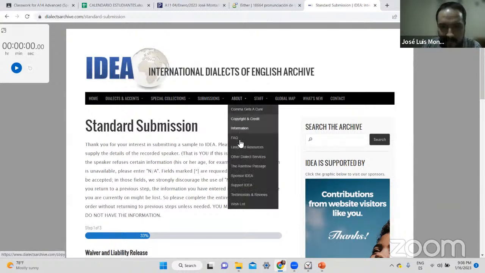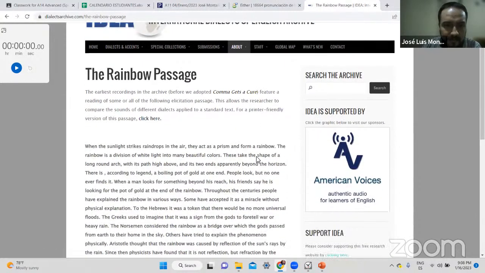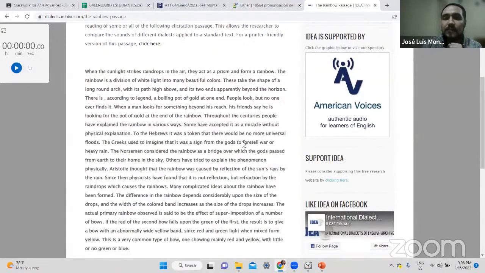Let's say, the one script, okay, here it is, I believe. There you go. Okay, so this is what he was reading, and I was playing until this part. So you're going to read it now, please.